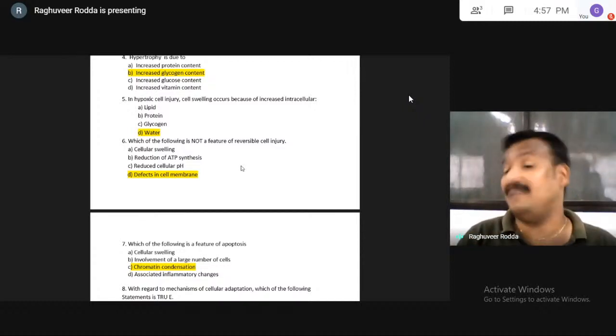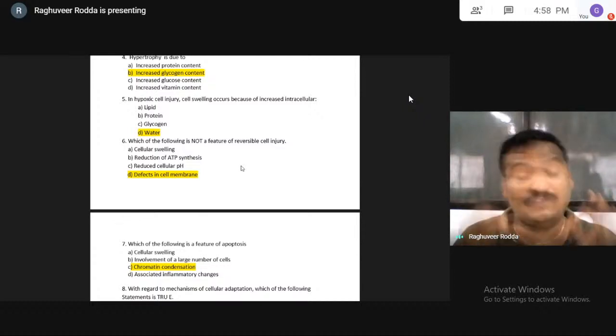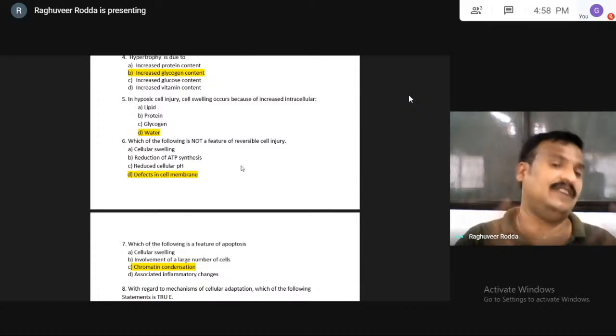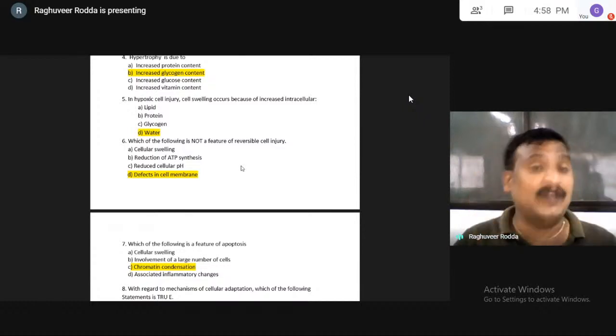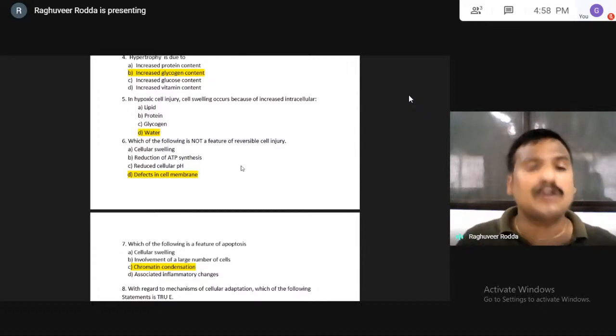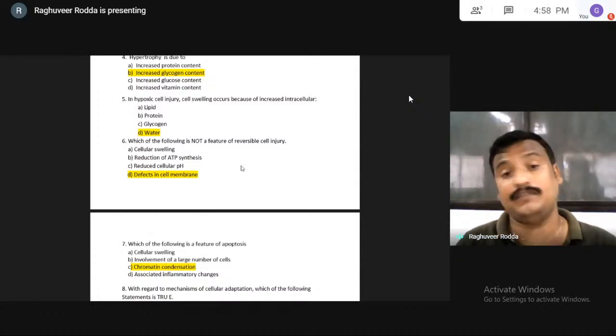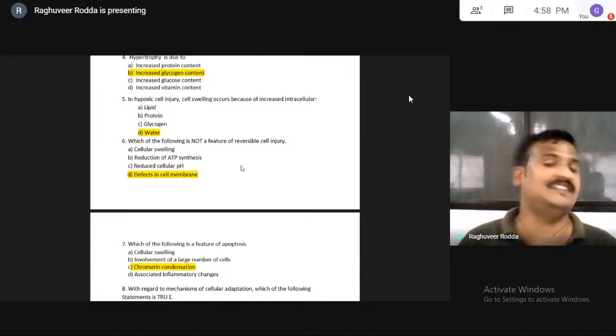Defects in cell membrane is the right answer. If the cell membrane is affected, other than the protein molecules, like the phospholipids of the membrane, then definitely more and more water will come in, and it may cause the destruction of the membrane or the bursting of the cell.